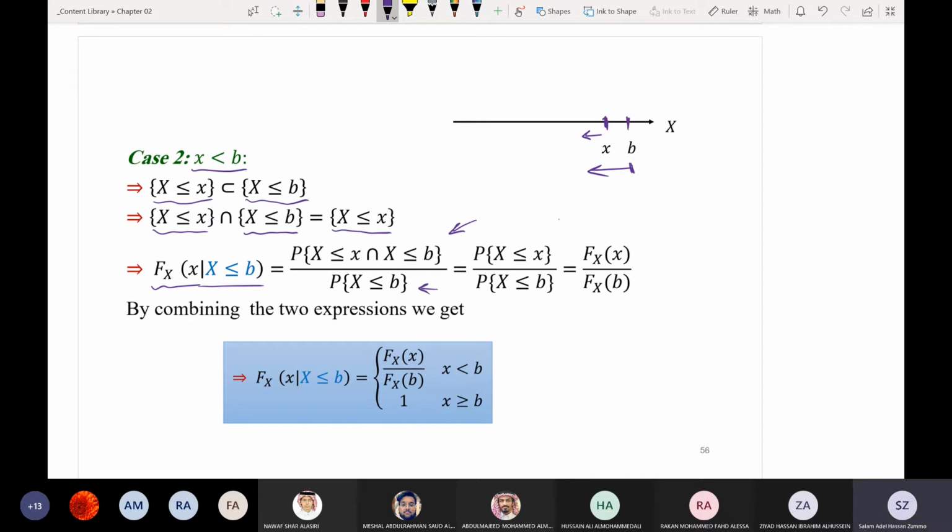Now the probability of the intersection equals the probability that x less than or equal to small x, divided by the probability of the event. Now the numerator by definition is Fx of x, right? And the denominator is Fx evaluated at b, because we are talking about the probability of x less than or equal to b, which is the same as the CDF of x evaluated at b.